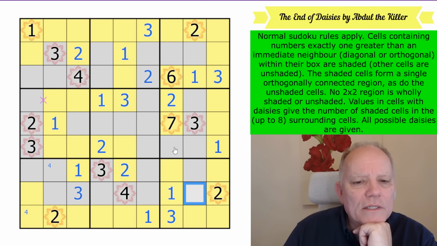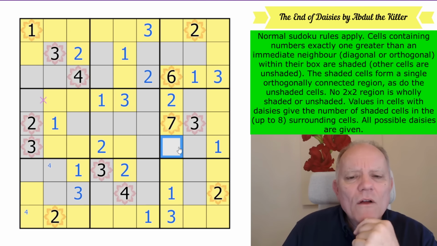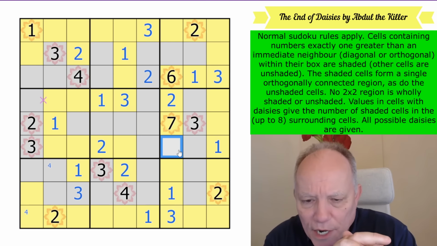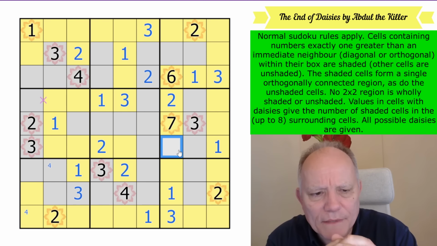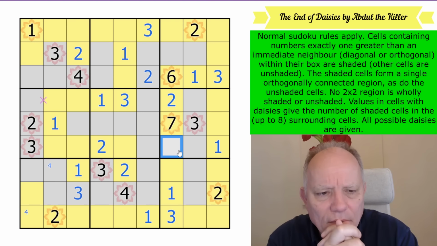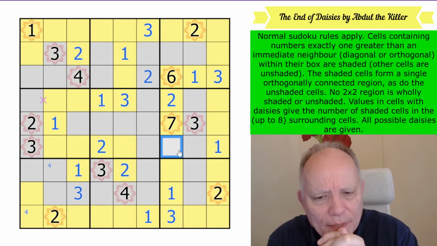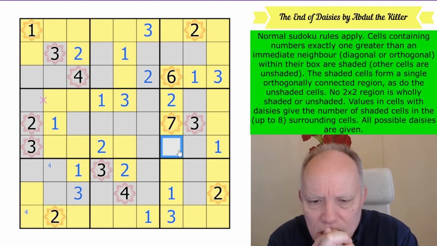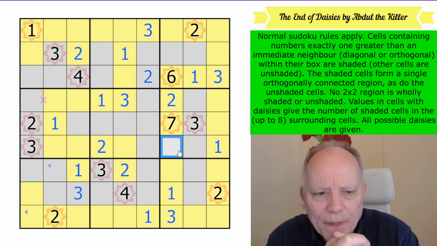One, 3, 6, 2, 7. That could be 4. Oh, I'd forgotten the negative constraint about the flowers. I don't think it can matter because I've done the whole pattern. Oh, it can matter. Yeah, it can matter because the number would be in a daisy if it was correct.